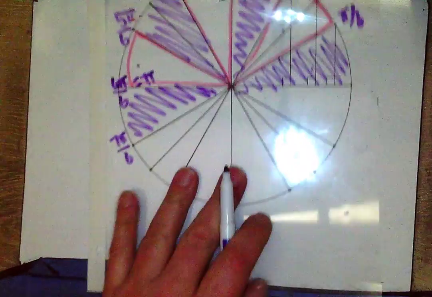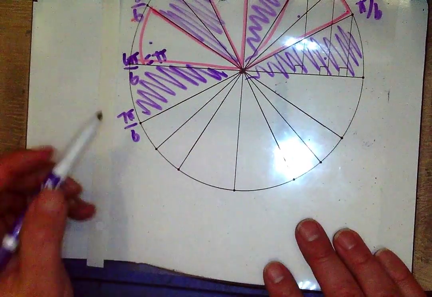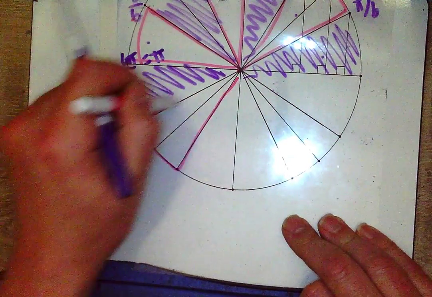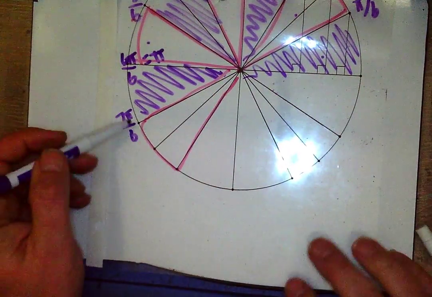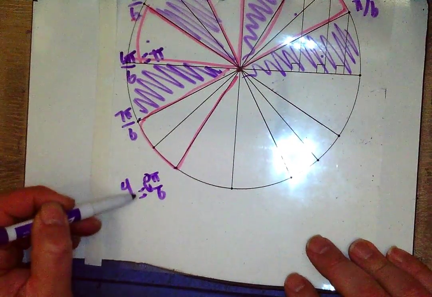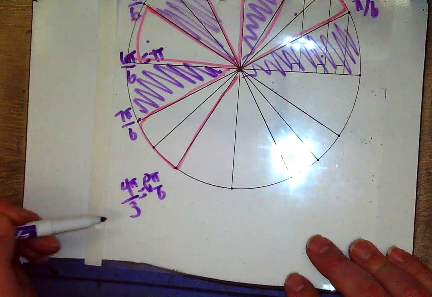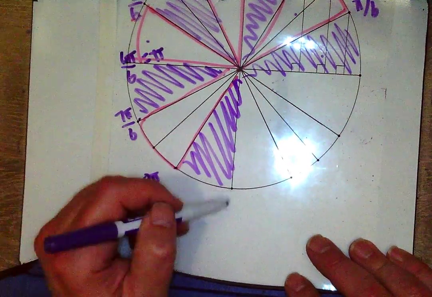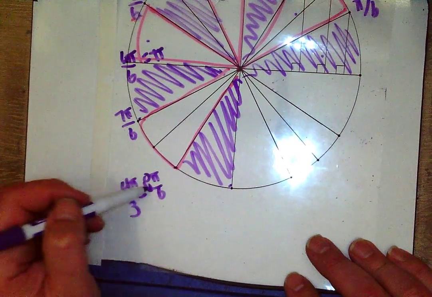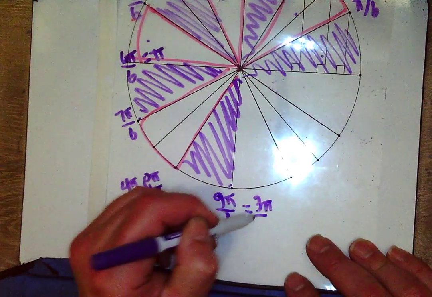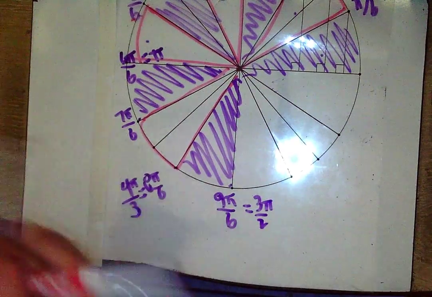And look, another. So 7 plus 1 is 8 pi over 6, which reduces to 4 pi over 3. And here's another one. This one is 9 pi over 6, or 3 pi over 2 when I reduce.